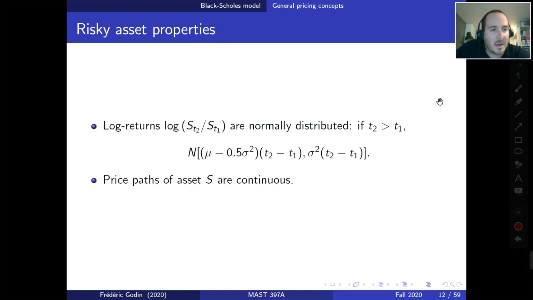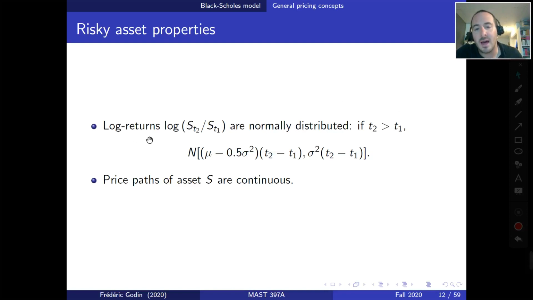Another property that can be shown from this model, I suggest you pause the video and try to show this. It's not very complicated, you can just substitute. First, I'm going to read the property.